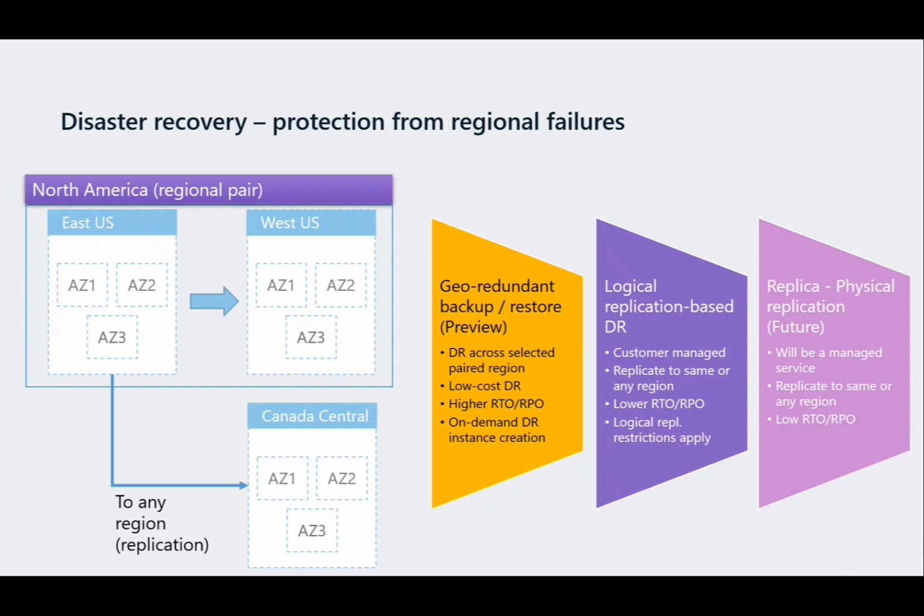And that would be a managed server, unlike the logical replication. So you didn't have to build your own logical replication. You just tell us how many replicas you want, up to 5, I believe, across what regions, and we'll just replicate across regions. We can actually replicate to the same region for reporting purposes or whatever else, or a different region.